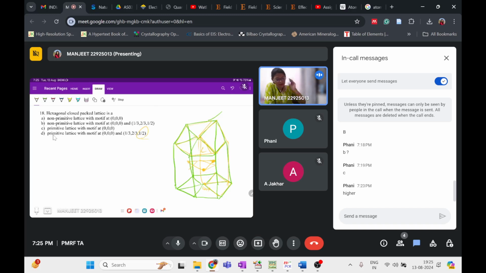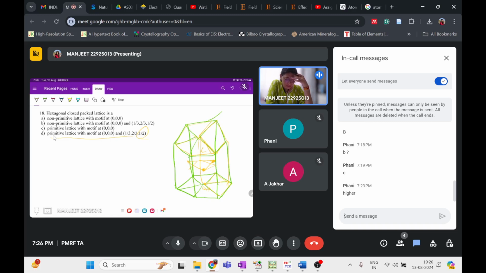So for this hexagonal lattice, remember this: it is always the primitive lattice with the motif at 0 0 0 and 1 by 3, 2 by 3, 1 by 2.